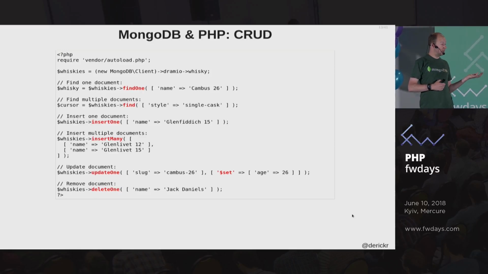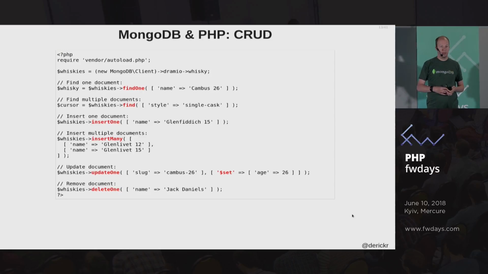Similarly, when inserting many, you specify an array of documents, which is what I've done in the example over here, right? So there's an array, and each element is an associative array that has a name field and a name value. Now, from what I've shown on this slide, I've only shown you arrays, but you can also use objects in here.